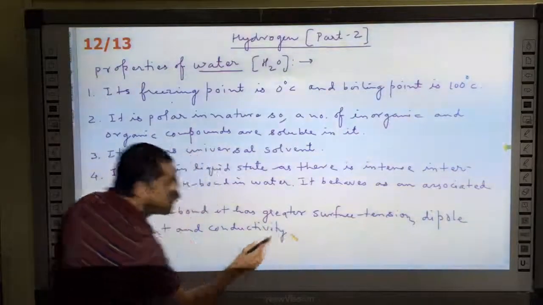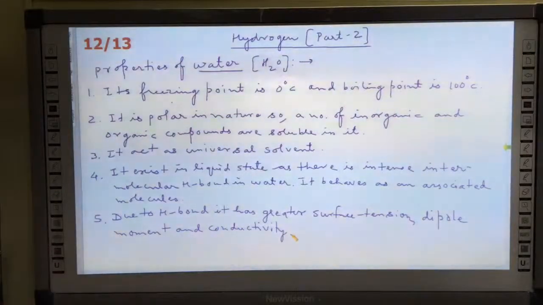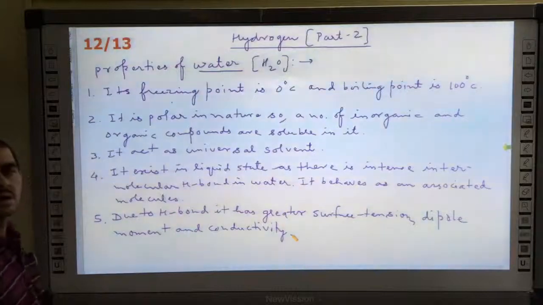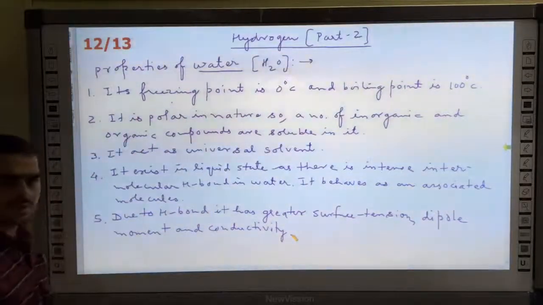Due to that hydrogen bond, this water molecule has greater dipole moment, greater surface tension, and greater conductivity. Clear? These are the basic properties of water.